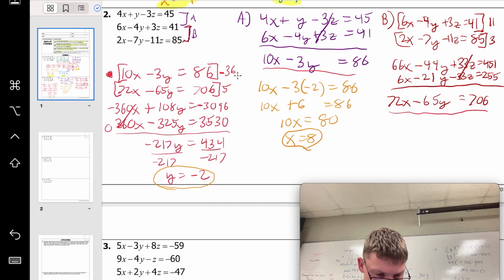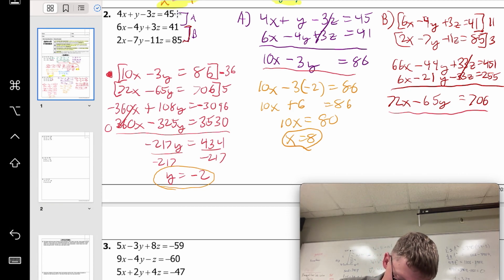And last but not least, we need to plug our x and our y into one of our other equations. They all look kind of crazy, so I'm going to do that one. So we have 4 times 8 plus, what was our y?